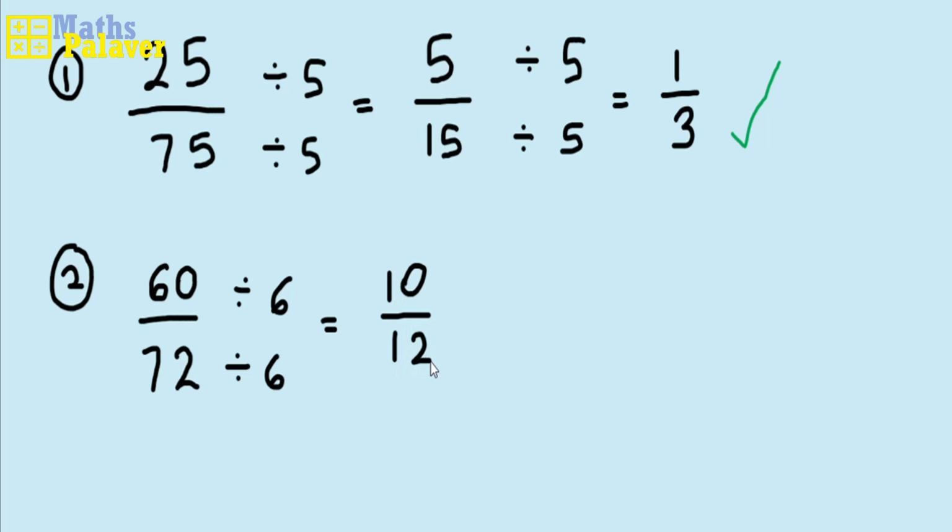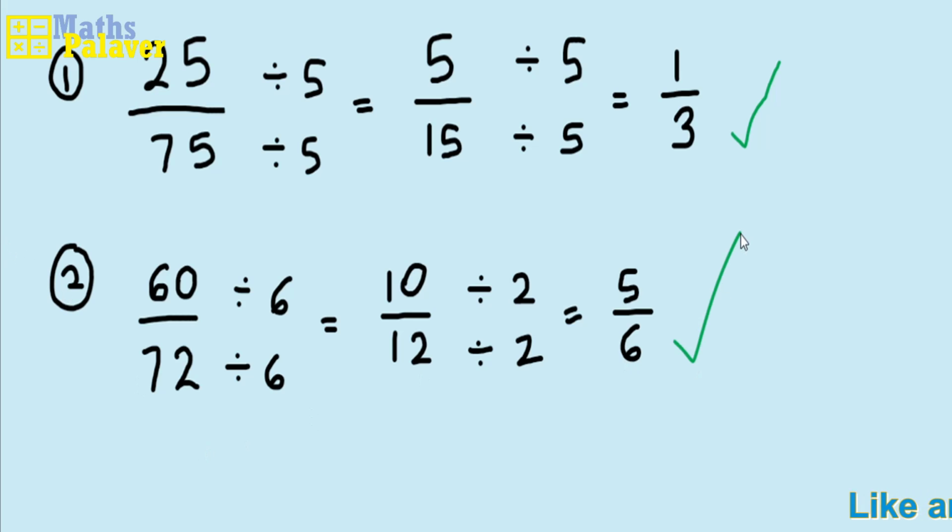Is there a common factor of 10 and 12? Yes, 2 is a common factor. So come on, let's divide by 2. That's 5 over 6. Is there a common factor of 5 and 6? No, there isn't. So, that's job done.